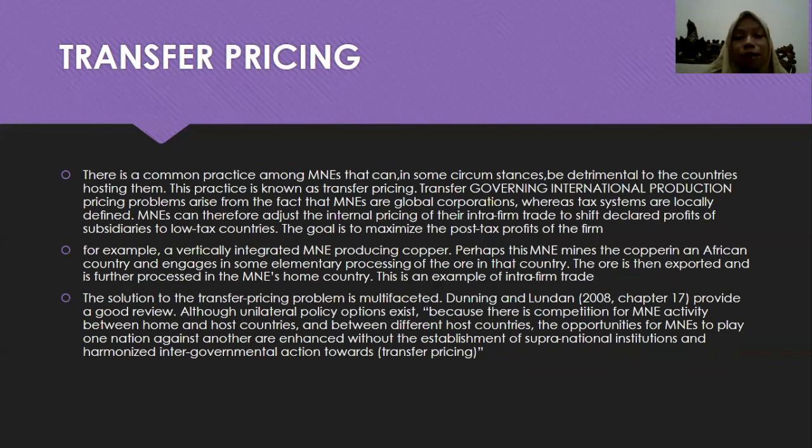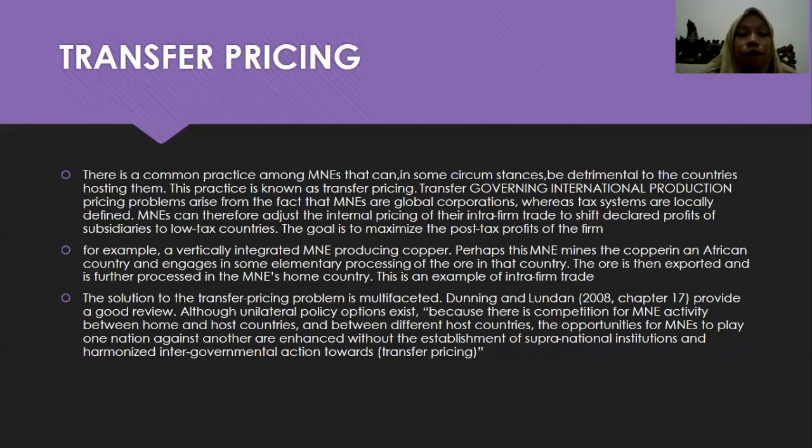The transfer pricing problem arises from the fact that MNEs are global corporations, whereas tax systems are locally defined. MNEs can adjust the internal pricing of their intrafirm trade to shift declared profits of subsidiaries to low-tax countries. So the goal is to maximize the post-tax profit of the firm.